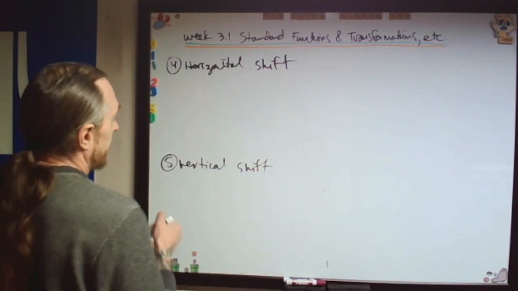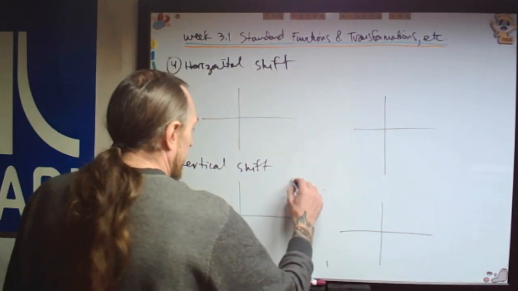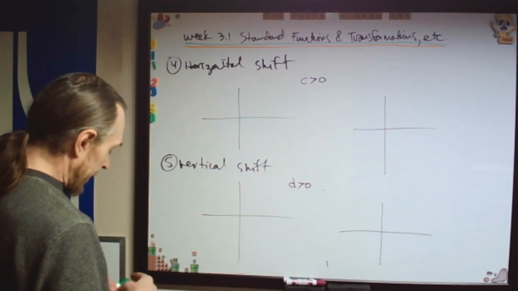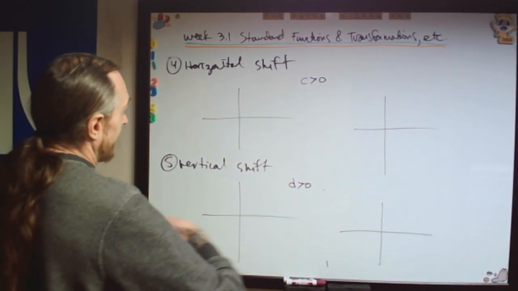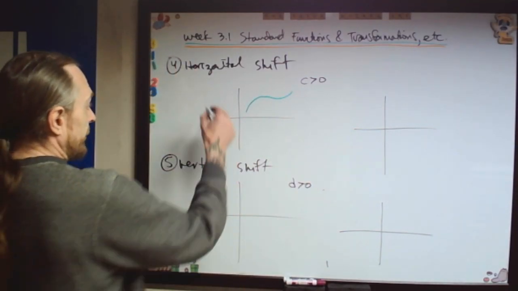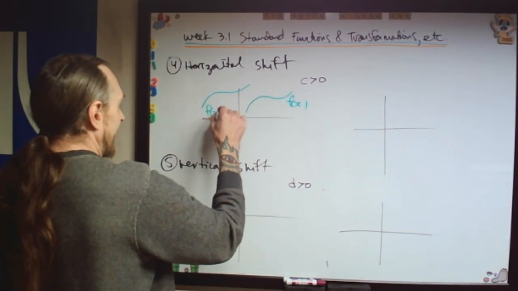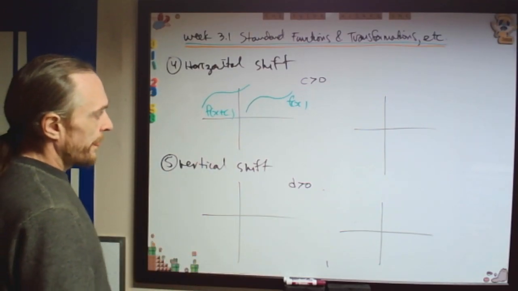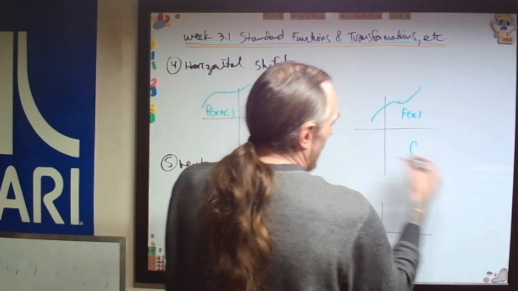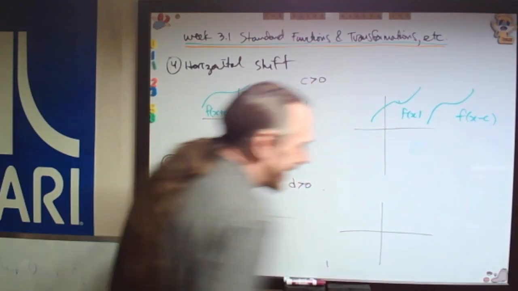Here, if D is always positive and C is always positive, or K they might use, then for a horizontal shift, if this is f of x, then shifting left does f of x plus c by c units. And if this is f of x and c is positive, then I will be shifting right if I do x minus c inside the argument.